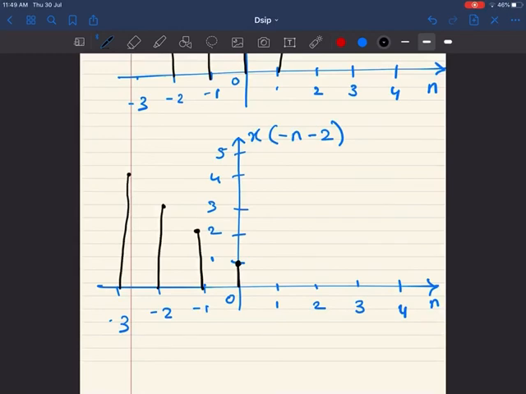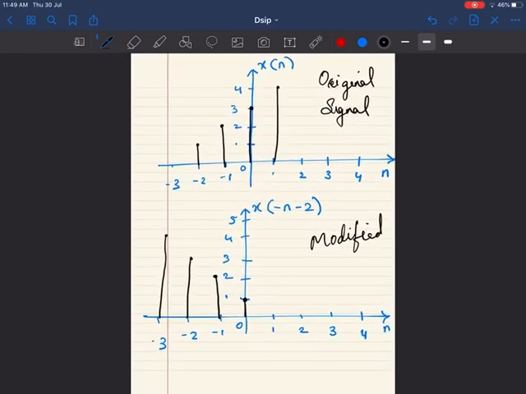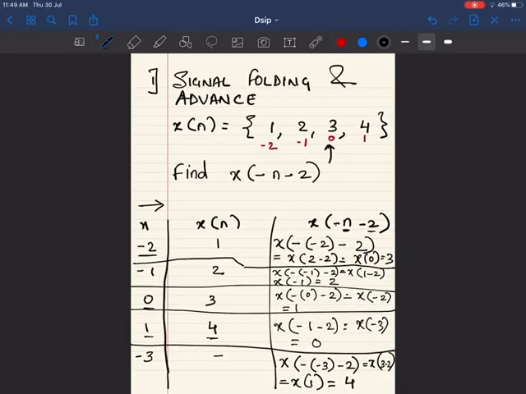So my modified signal is going to look something like this. So this is the original signal and this is the modified signal. This is called signal folding and advance.